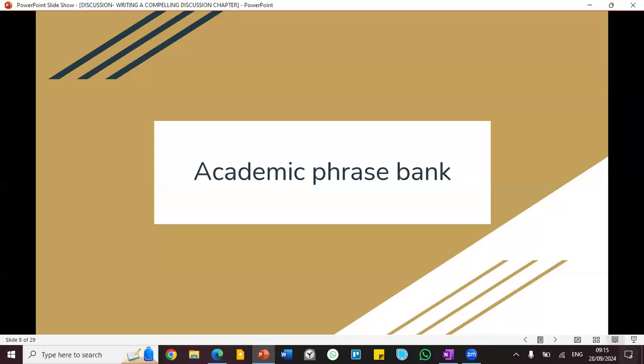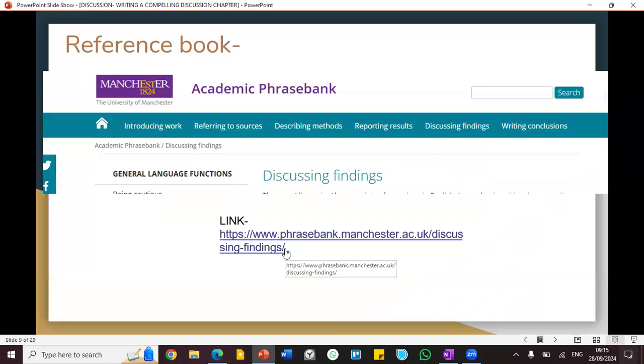Which terms should you use, or which phrases can you use when you are writing your discussion chapter? There is a list of sentences or phrases that you can use when you're writing any section of your discussion, and you can obtain them from the Academic Phrase Bank. This is a resource that is available online.